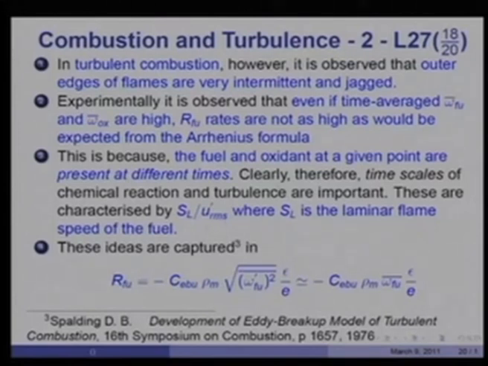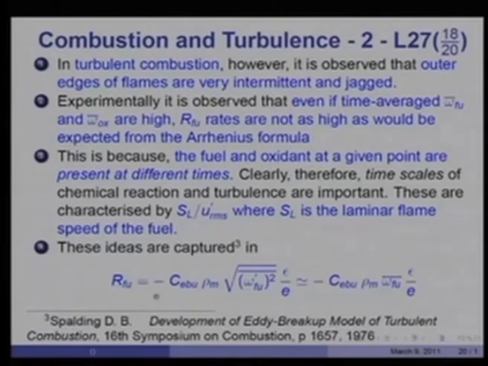Now, these ideas are captured in a model suggested by Spalding. It is called the eddy breakup model of turbulent combustion, presented at the 16th Symposium on Combustion in 1976.